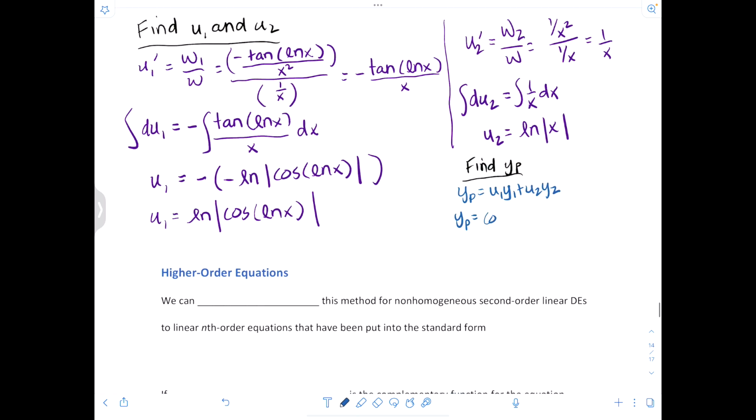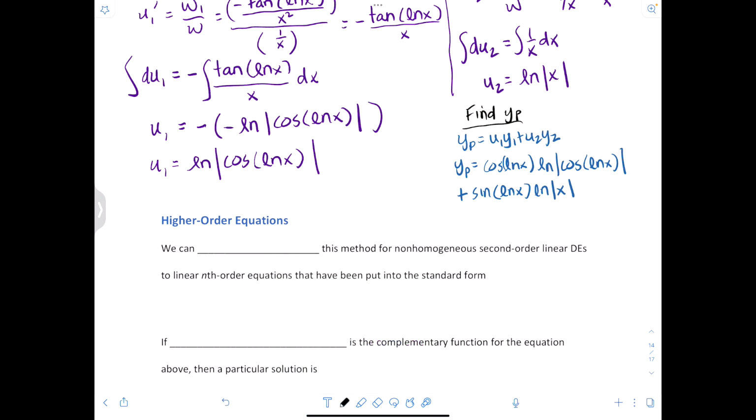So this will be cosine of natural log of x times natural log of absolute cosine of natural log of x plus, let's see, u2 was positive, so plus sine of natural log of x times natural log of absolute x.